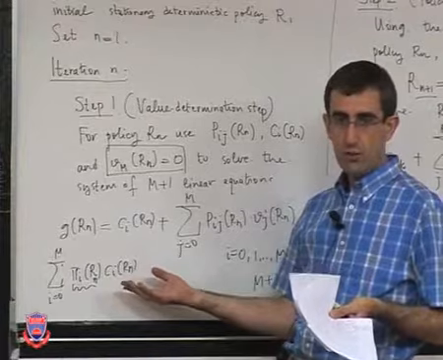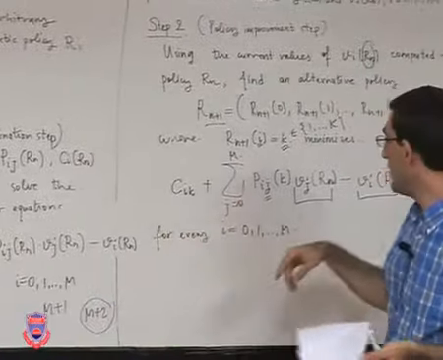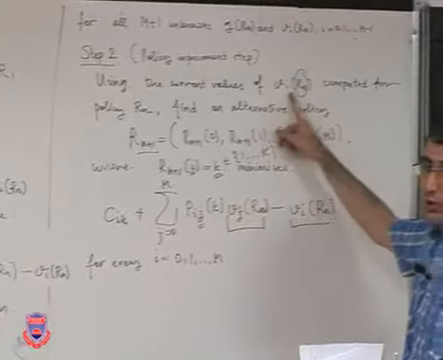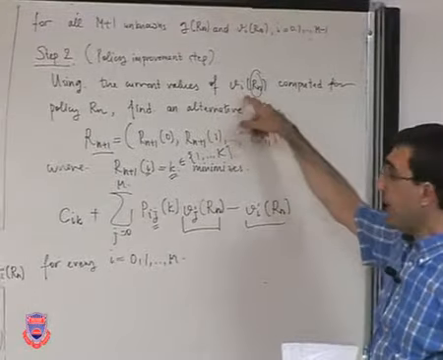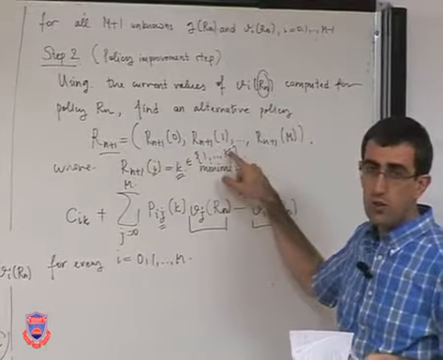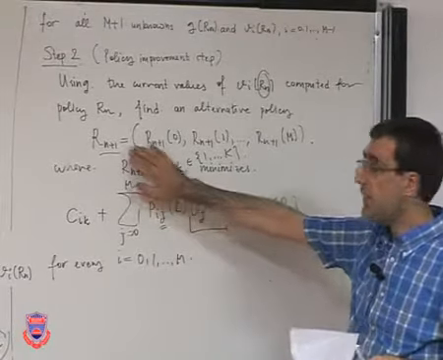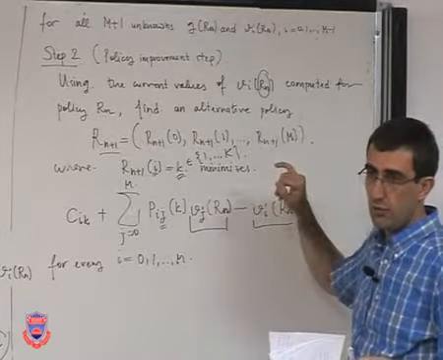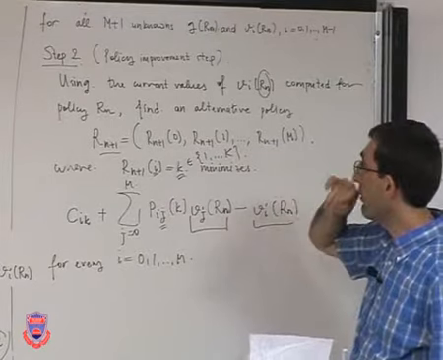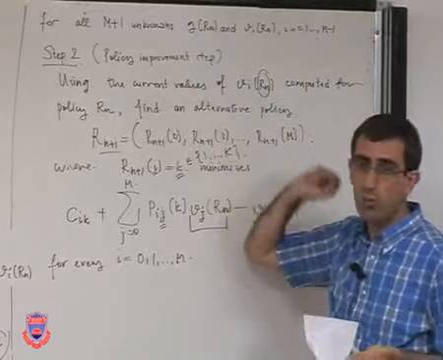But when you look at step 2, the main reason why we are solving these equations is to find these so-called relative values of states. We need that in order to build a new policy which, through this procedure, is guaranteed to be at least as good as the original policy itself. That's the reason why we call this step the policy improvement step.